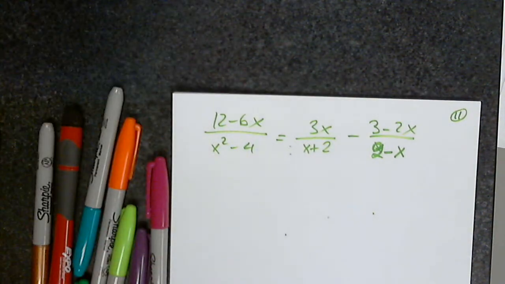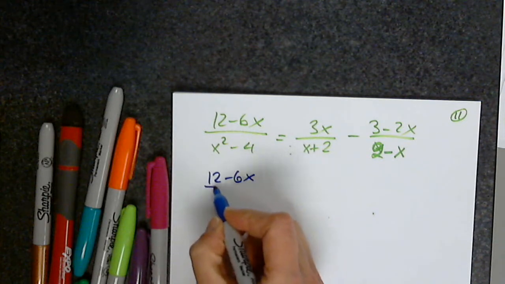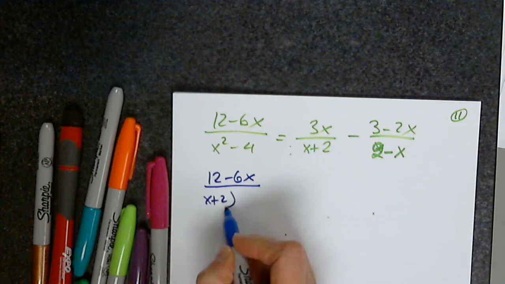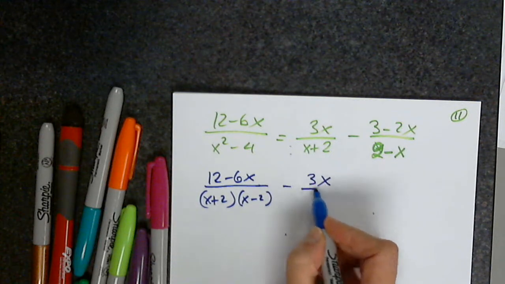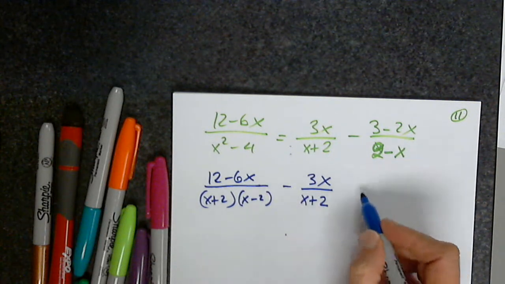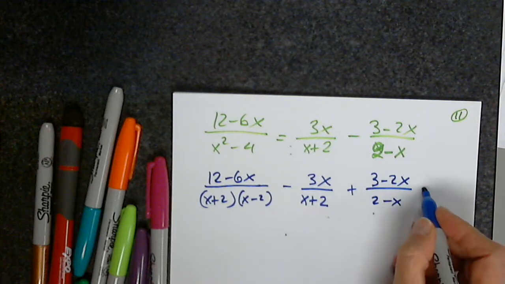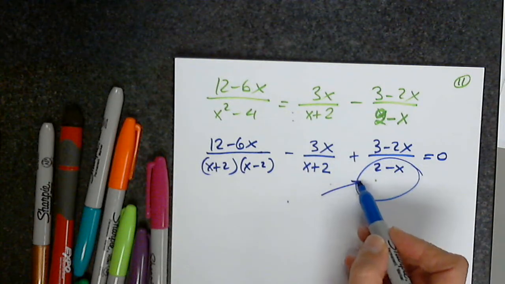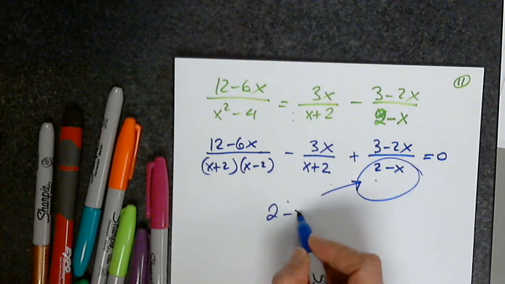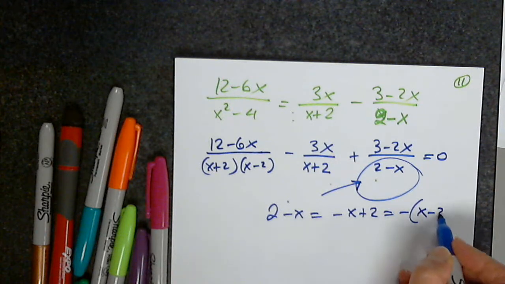Okay, so here's what I would do. 12 minus 6x over x plus 2, x minus 2, minus 3x over x plus 2, plus 3 minus 2x over 2 minus x equals 0. Now I will work on this, which is 2 minus x or negative x plus 2 or negative x minus 2.